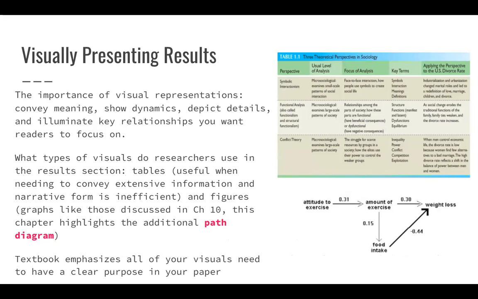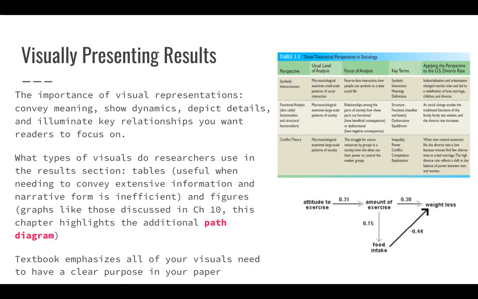And so this chapter highlights two in particular. It goes over the function and purpose of tables. And then it discusses an additional type of figure, a path diagram, while also alluding to other types of figures, pie graphs, line graphs, bar graphs, and of course, those were discussed in chapter 10.